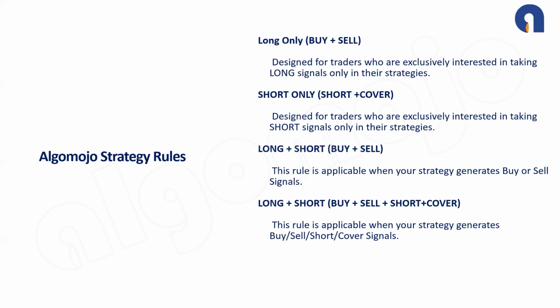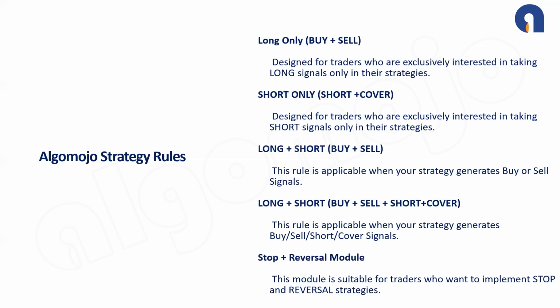We will look at more details of these rules as and when we look at some strategies in the charting platform. Today we'll be looking at TradingView. Stop and reverse is another kind of rule. I'll explain a bit more about when to deploy what kind of rule when we look at the chart and do the selection of the rules.